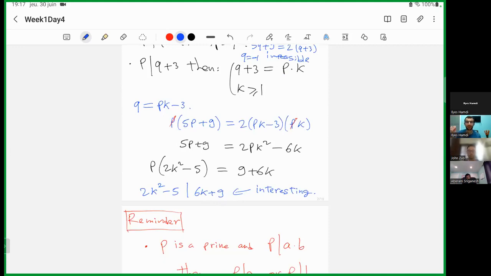But what's interesting is that 2k squared minus 5 will probably be greater than 6k plus 9. Why? Because there is a square. So k squared is much greater than the right hand side, and probably this divisibility will not take place in a usual case, just because the divisor is too big, right?